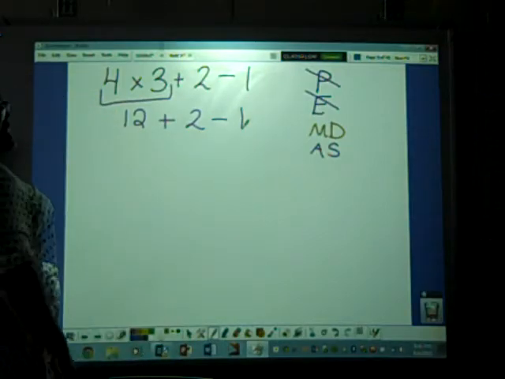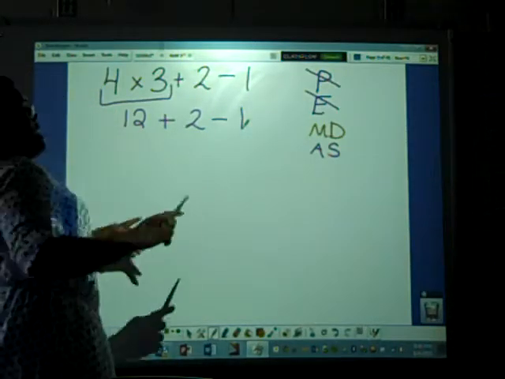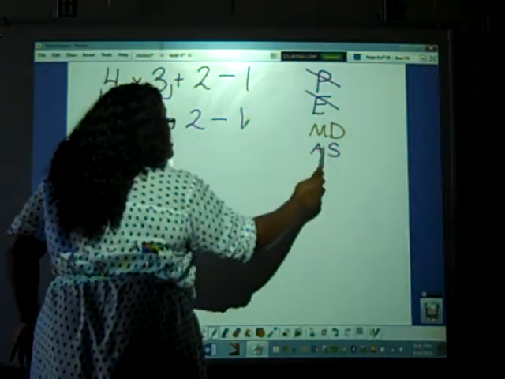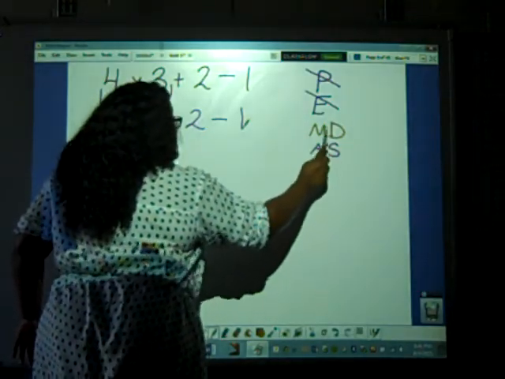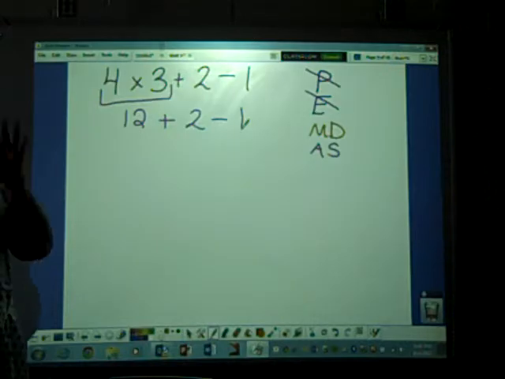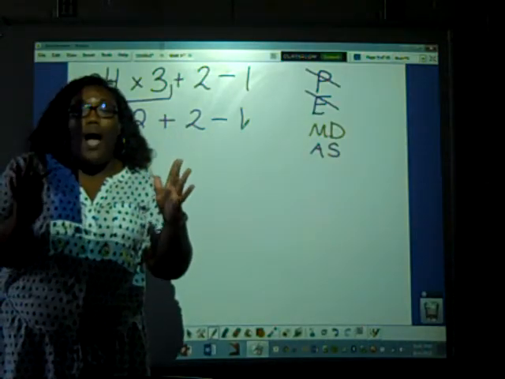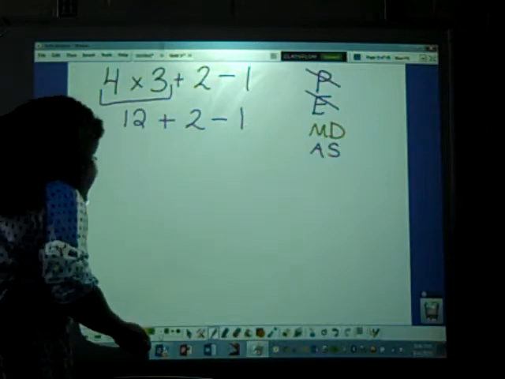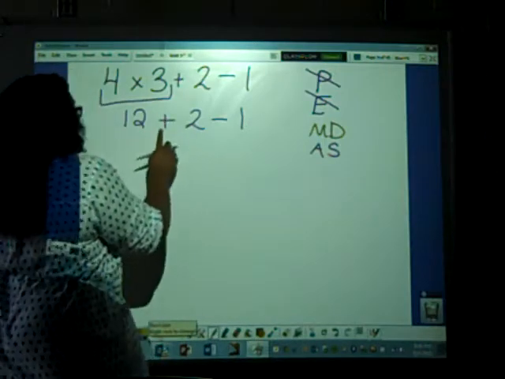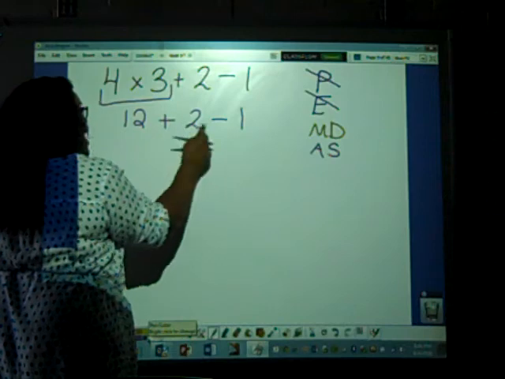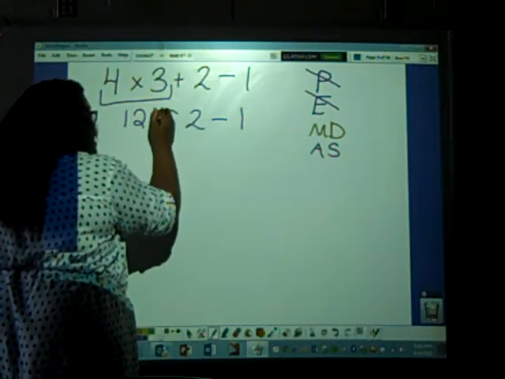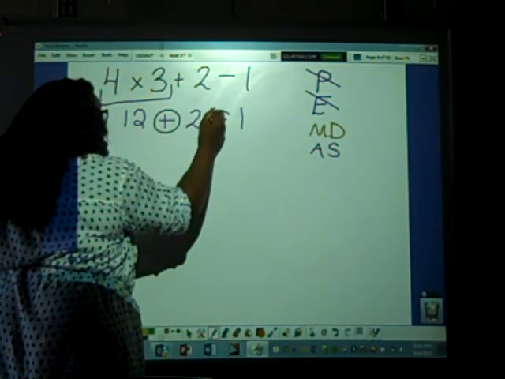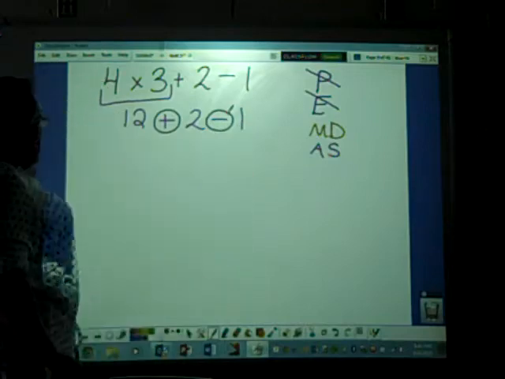Now, this is where when you put the addition and subtraction and multiplication and division right next to each other, I'm about to show you why I did that. Brace yourselves. So, notice the only symbols we have left are addition and subtraction.